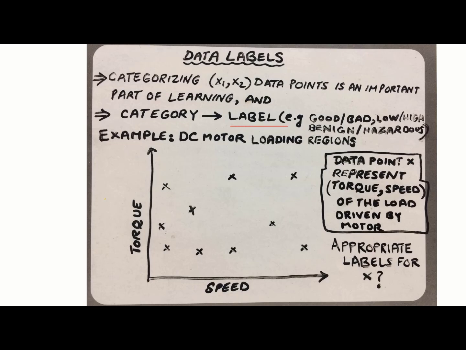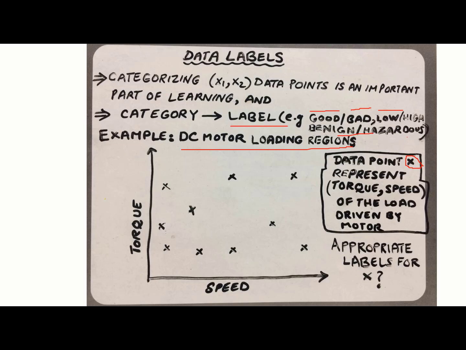In a very simple case, you can think about binary labels where a data point may be assigned a label such as good, bad, low, high, benign, hazardous, true, false, etc. So let's look at a simple example of DC motor loading regions. And here the available data, perhaps we obtained this data by performing experiments on a given DC motor.